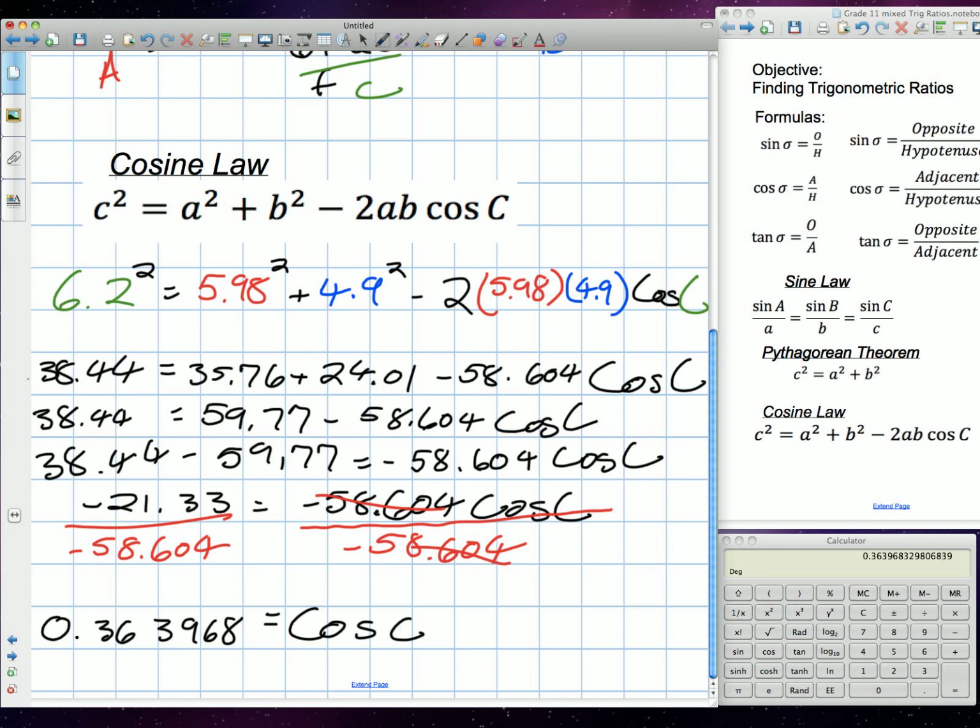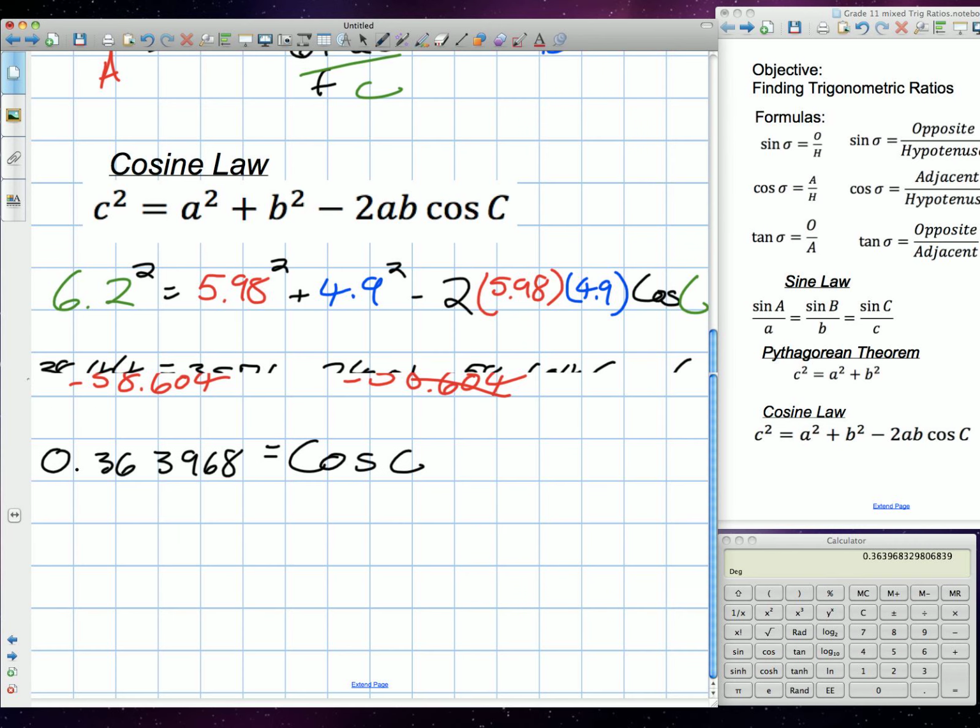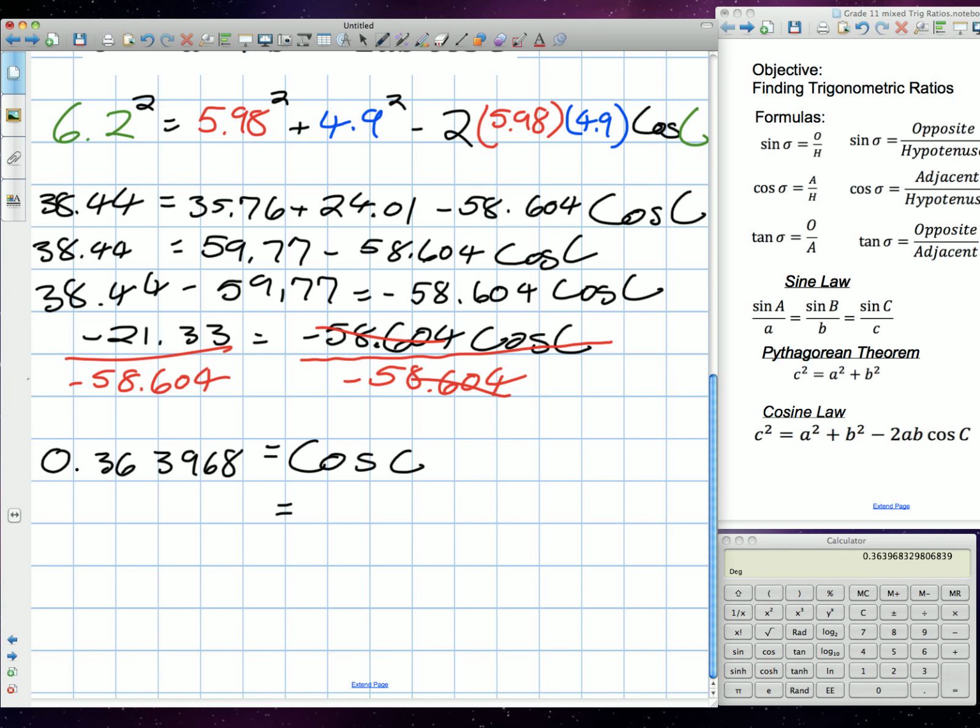Okay, what does cos become when it's divided by or when we move it to the other side? Yeah, it's that inverse to the power of negative 1. So inverse cos, okay? So when we bring that over, we get inverse. So put it in red here.